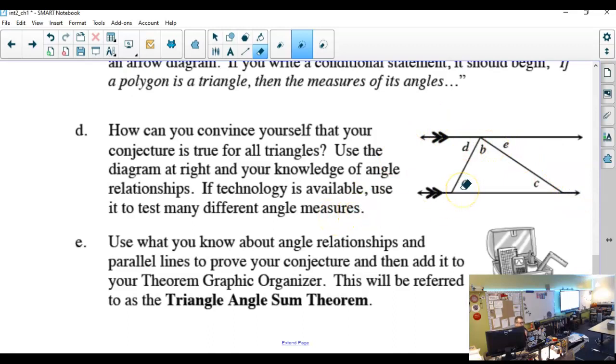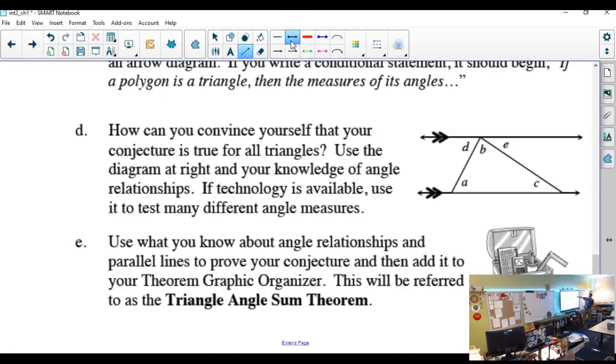We see that angle A would be congruent to what angle? D. And angle C would be congruent to E. So here's another theorem that we're heading towards, and I like to overteach because y'all are smart and you can handle it.